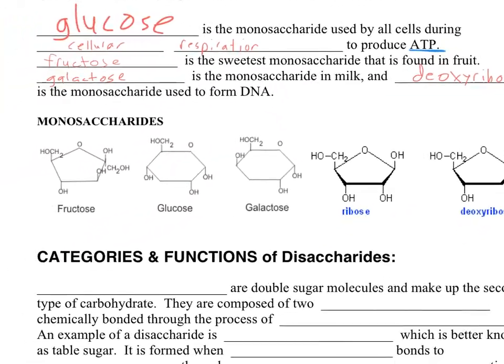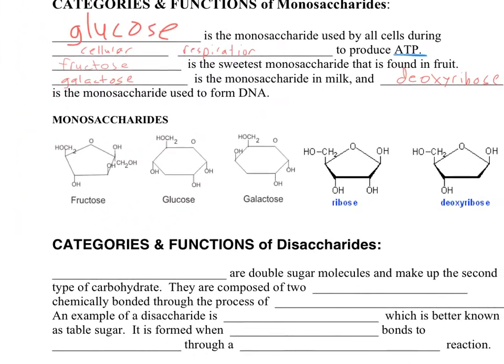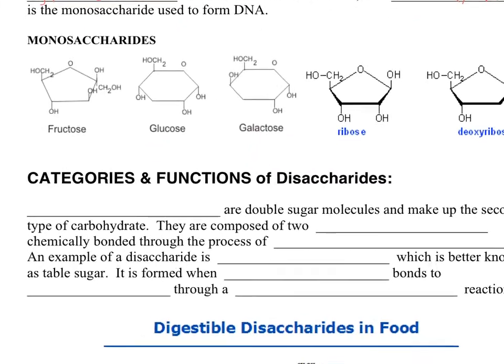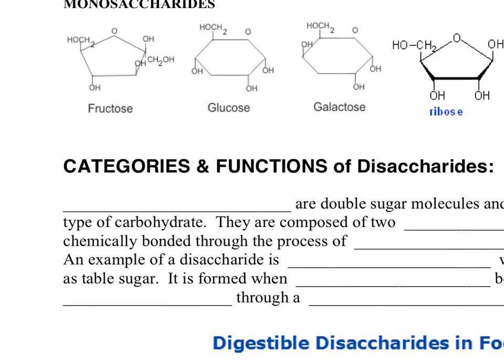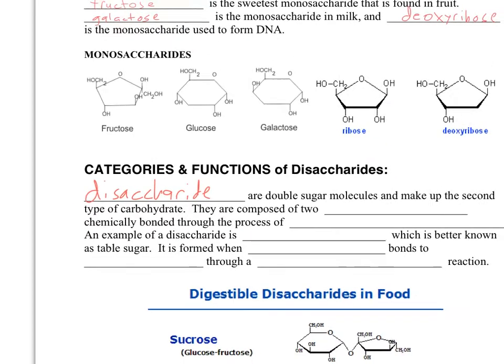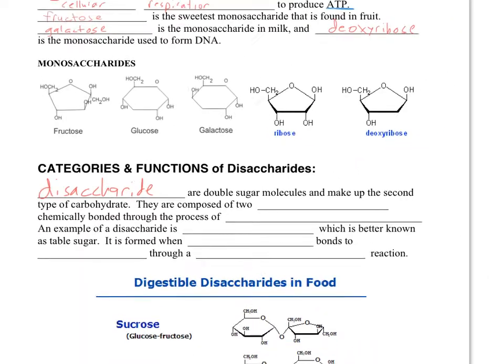All right. So here are the 5 monosaccharides again and their shapes. All right. So, moving on. If it's a double sugar, it's called a what? Disaccharide. Disaccharide. They're composed of 2 whats?